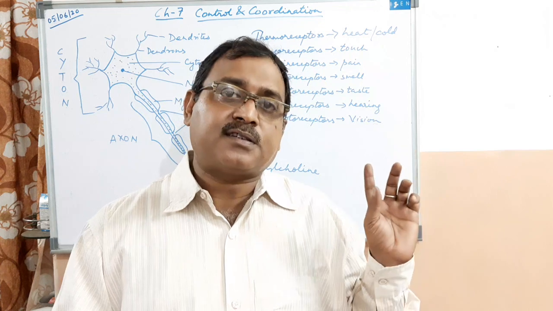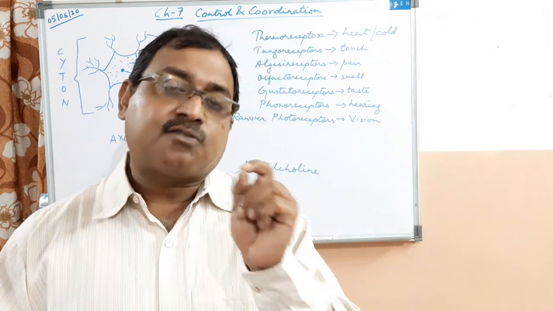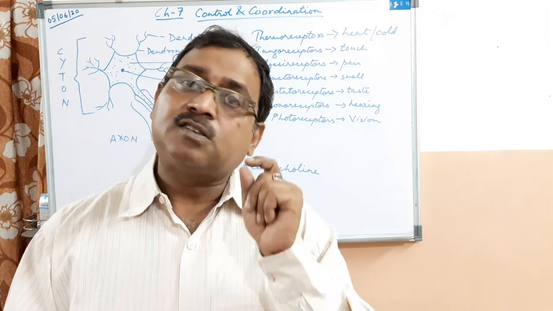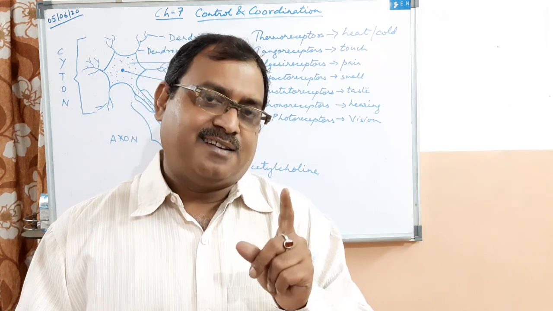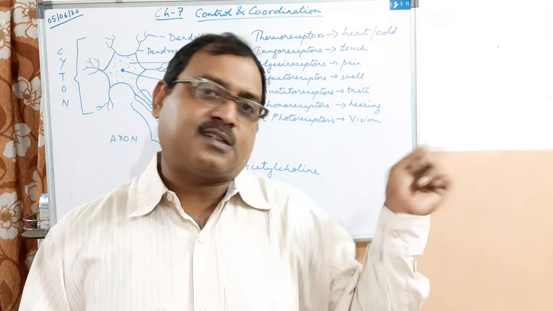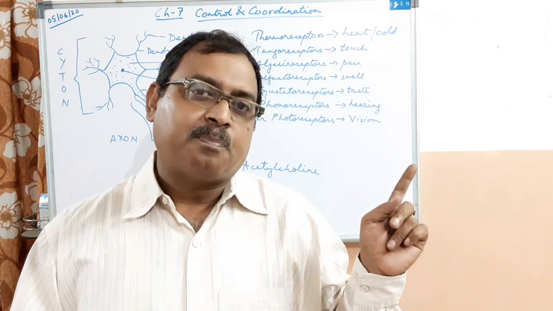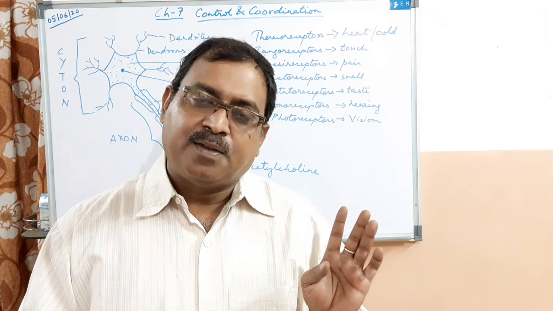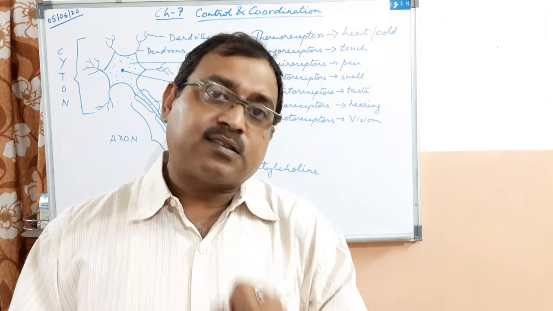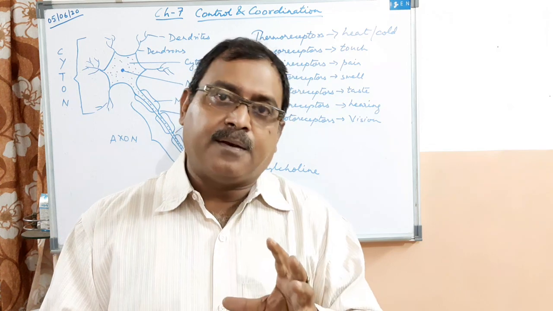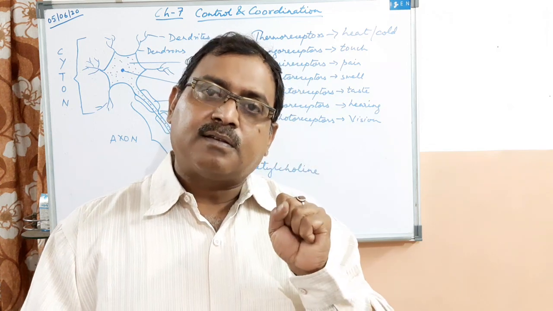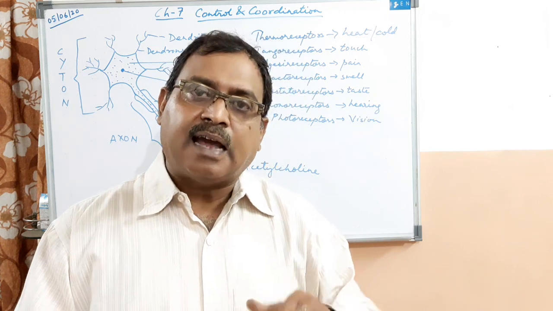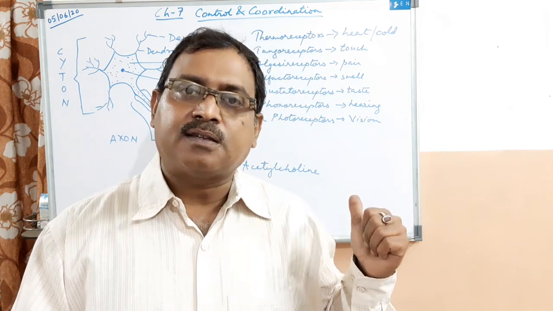Now these receptors will send electrical impulse only when the stimulus is strong enough. If the stimulus is weak, then the receptor organs will not send the message towards the central nervous system. Clear? So if the stimulus is strong enough, then the receptor cells will gather the stimulus and pass it forward to the central nervous system.